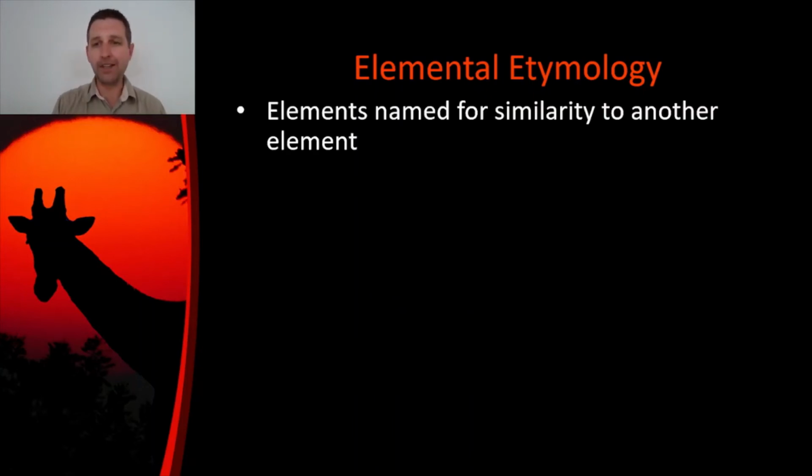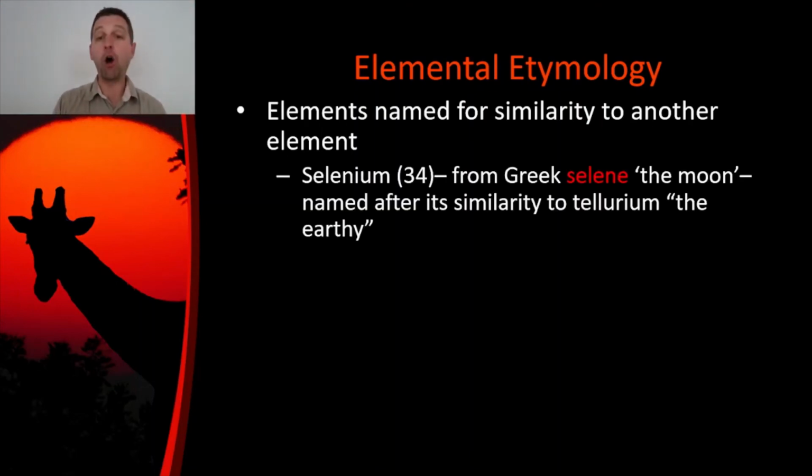There are three elements that are really just named for similarity to some other element on the periodic table. Selenium is named after the Greek word selene, which means the moon, but it's not actually named after the moon. It's not named after any similarity to the moon. It's actually named after one of the elements that we were just talking about, which is tellurium. Remember, tellurium is the element named after the Earth, and so apparently there are a lot of similarities between these two elements.